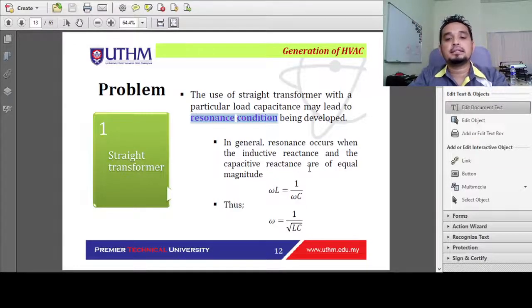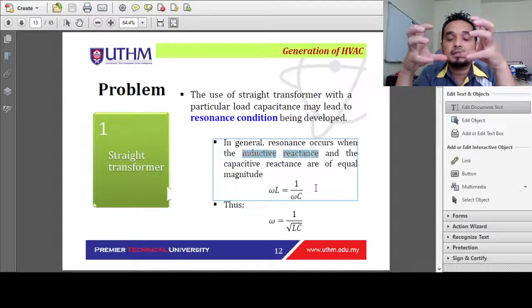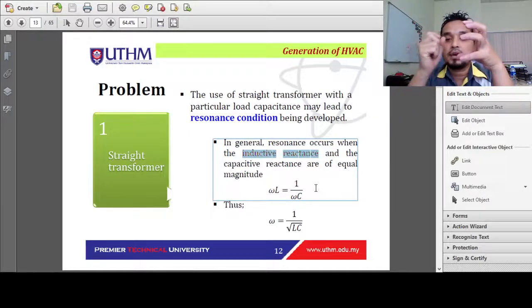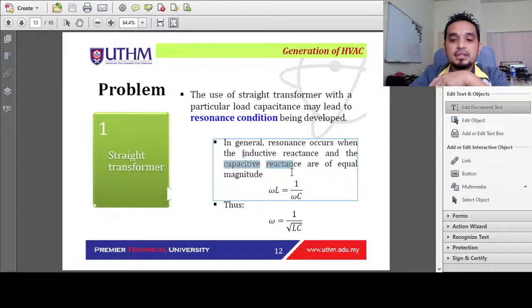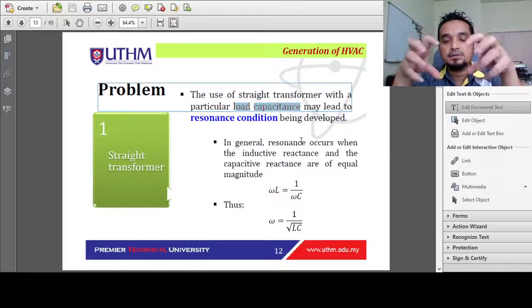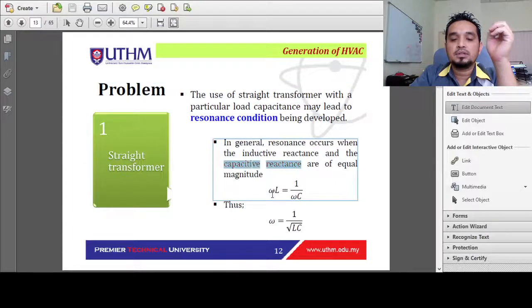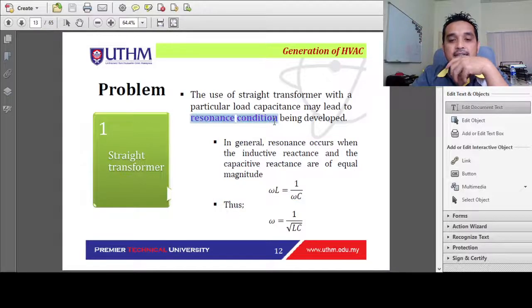Resonance occurs when the inductive reactance, which comes from the transformer coil, equals the external capacitive reactance from the load capacitance, in which omega L is equal to 1 over omega C. Then we have the resonance condition when inductive reactance is equal to capacitive reactance.